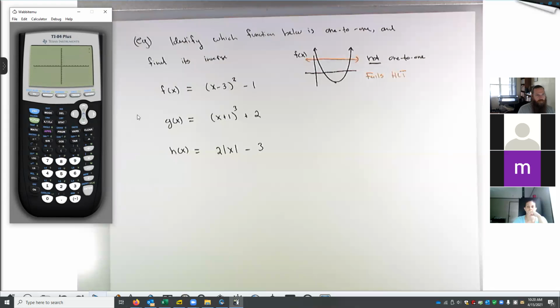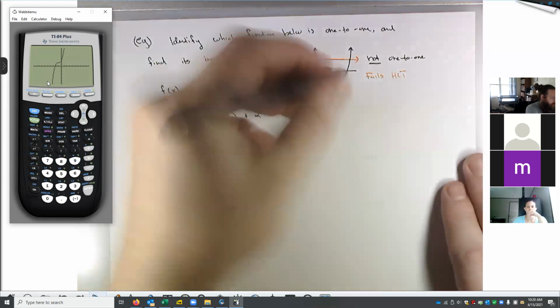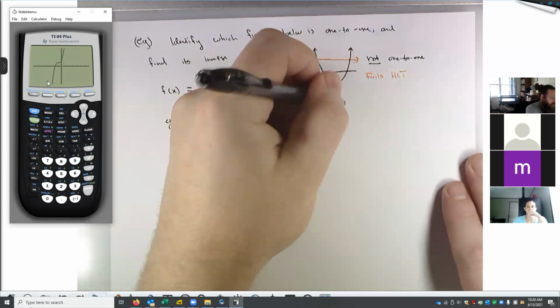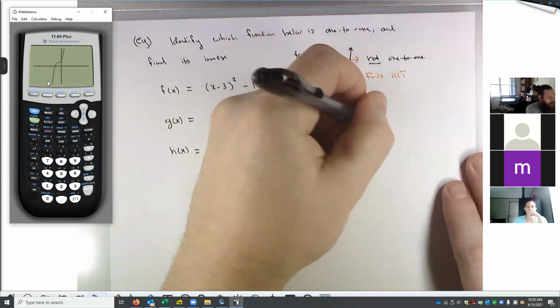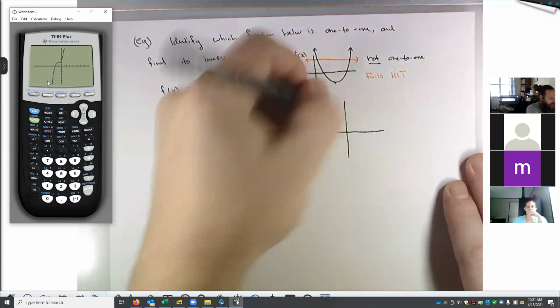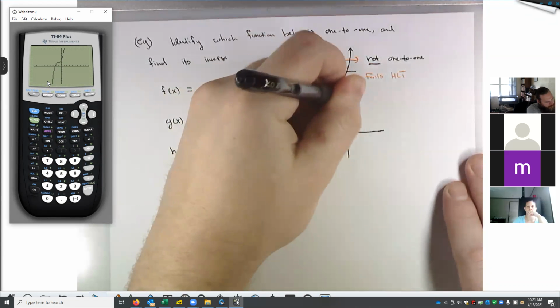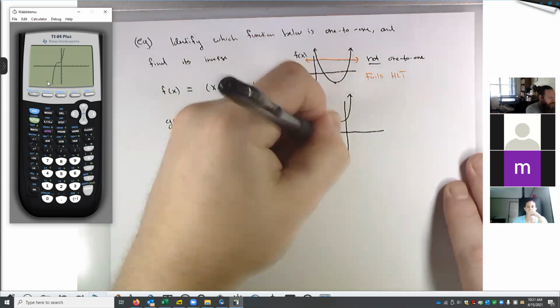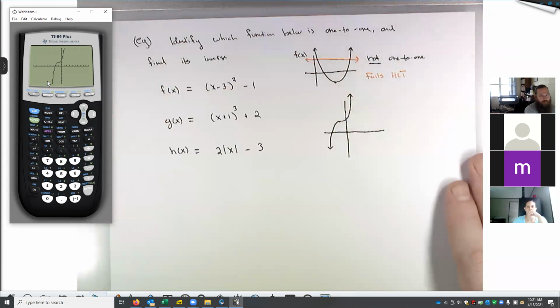Look at graph. Ooh, that's interesting. I can sketch it real quick. So this is the graph of g of x.